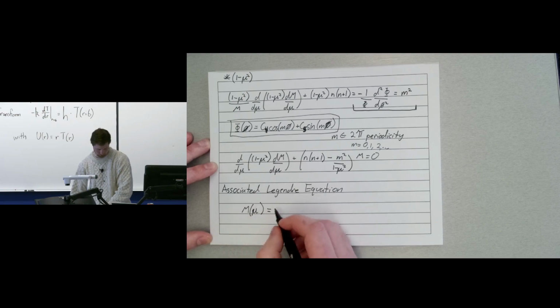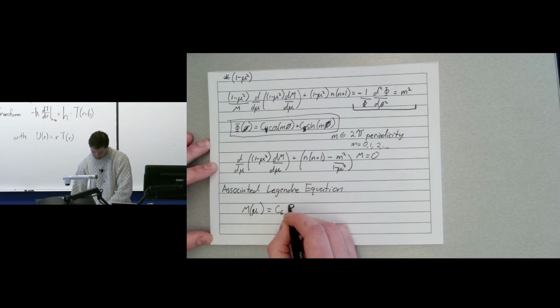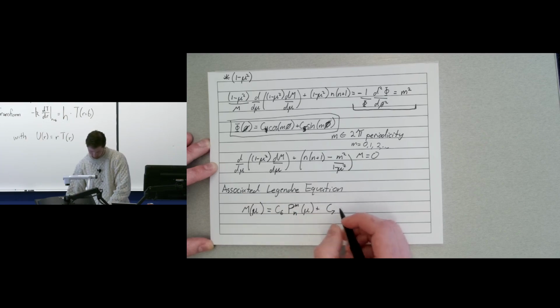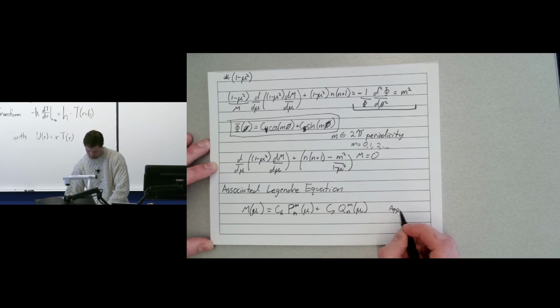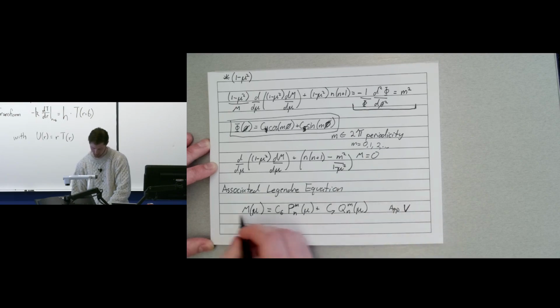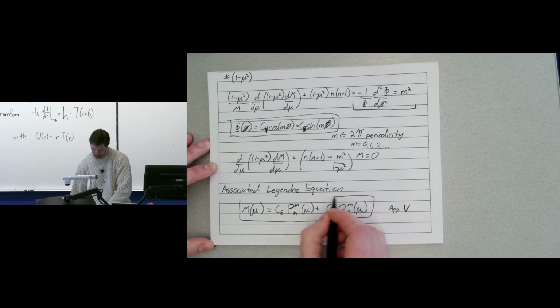So our solution in the mu direction is going to be C6 times our Legendre function or Legendre polynomial of the first kind of order n to m of mu, plus C7 times the same thing in the Legendre polynomial of the second kind. And these would be in Appendix 5 if you want to look up any of the values.